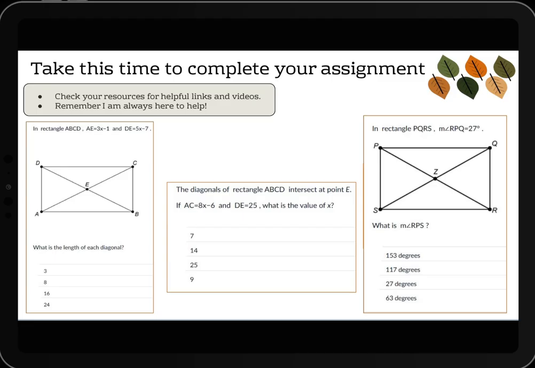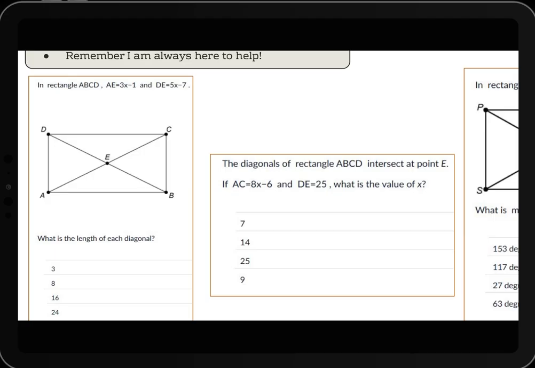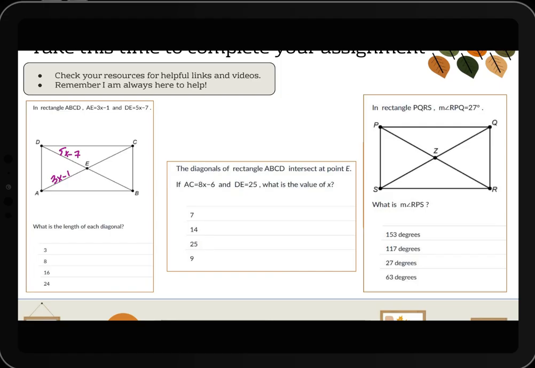In the first problem there on the left, we have rectangle ABCD, and they're telling us that AE is 3x minus 1 and that DE is 5x minus 7. So the best tip I can give for you here is to go back to your reference slide for rectangles and remember what we talked about. We talked about the fact that the diagonals of a rectangle are going to be congruent to each other, right?